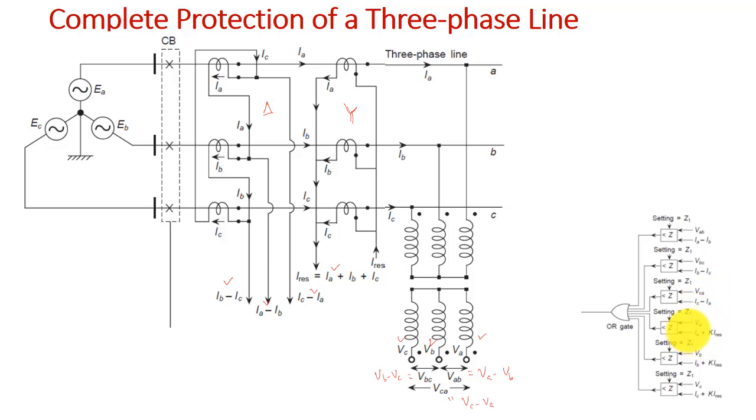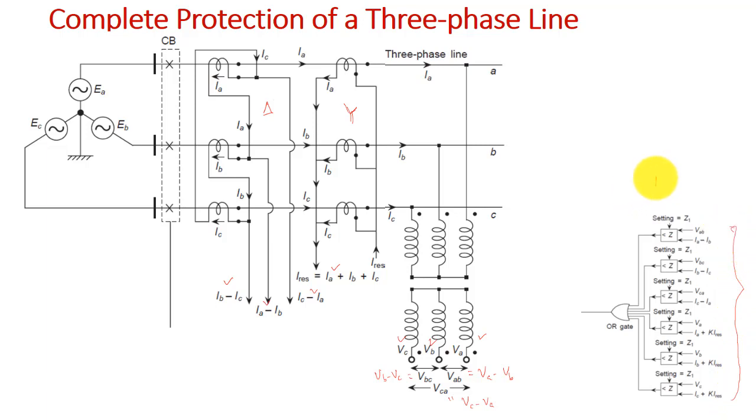Then to the fourth relay unit we are feeding VA and IA plus K I residual. To the fifth unit we are feeding VB and IB plus K I residual. Similarly, to the sixth one we are feeding VC and the current IC plus K I residual. So different combinations are required in order to protect the 3 phase transmission line.